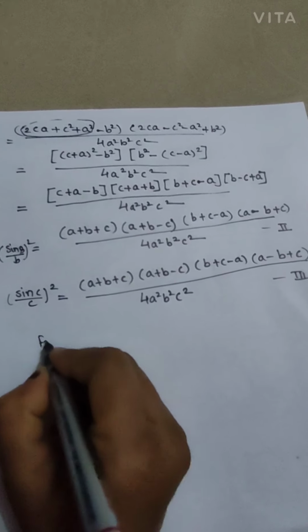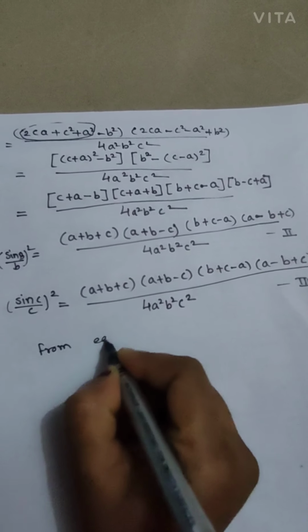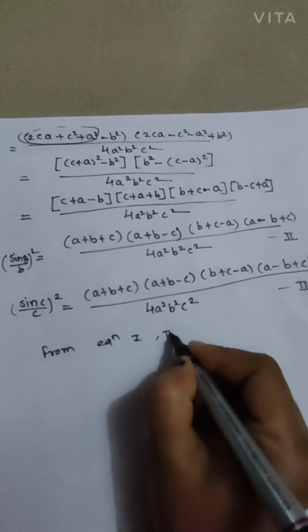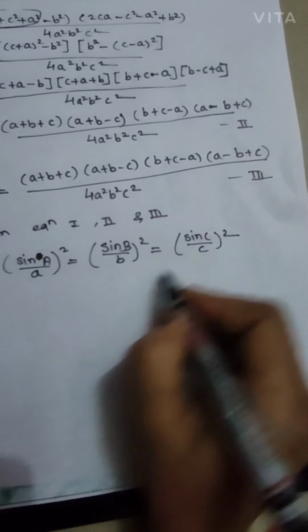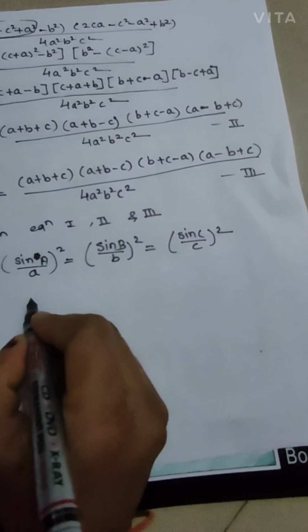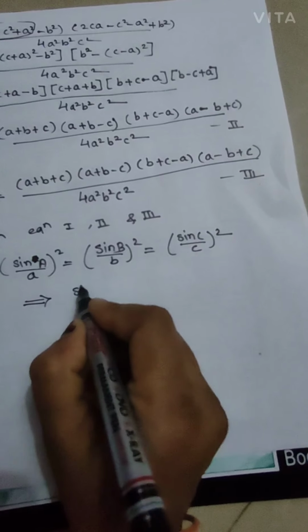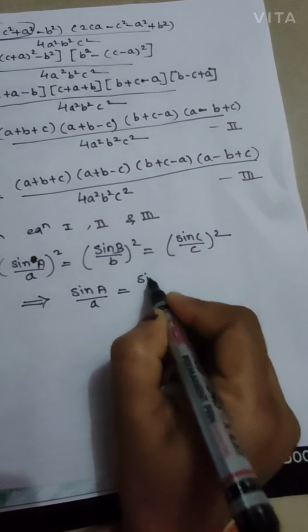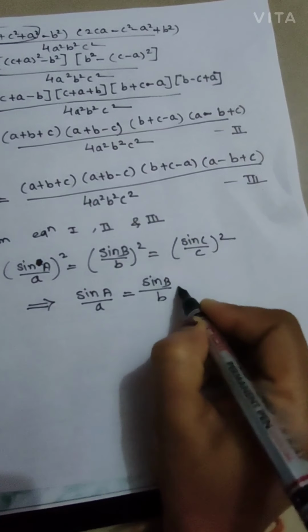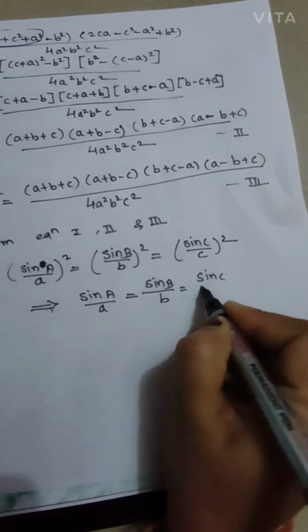Now from equations 1, 2 and 3, this implies that sin a upon a equals sin b upon b equals sin c over c.